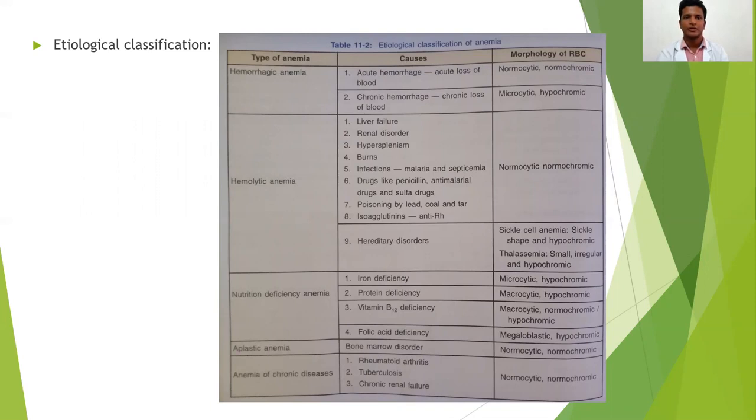For hemolytic anemia, causes may be liver failure, renal disorder, hypersplenism, burns, infections, drugs like penicillin, poisoning by lead, isoagglutinins, hereditary disorders, etc. In nutrition deficiency anemia: iron deficiency, protein deficiency, vitamin B12 deficiency, folic acid deficiency. Aplastic anemia: bone marrow disorder is the cause. Anemia of chronic diseases: rheumatoid arthritis, tuberculosis, and chronic renal failure are the causes.